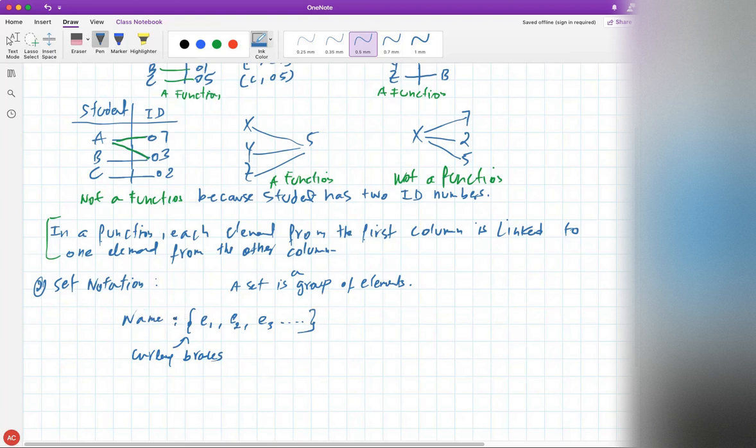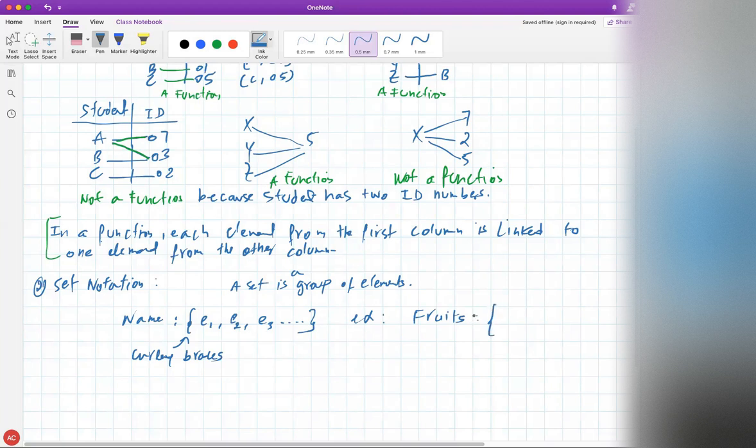Then you have a colon here, 2 points, not semicolon, but 2 points, colon, and curly braces to enclose all the elements inside of it. Example, maybe you want to make a set and call it fruits, for example. Fruits you like or fruits you need to buy or something like that.